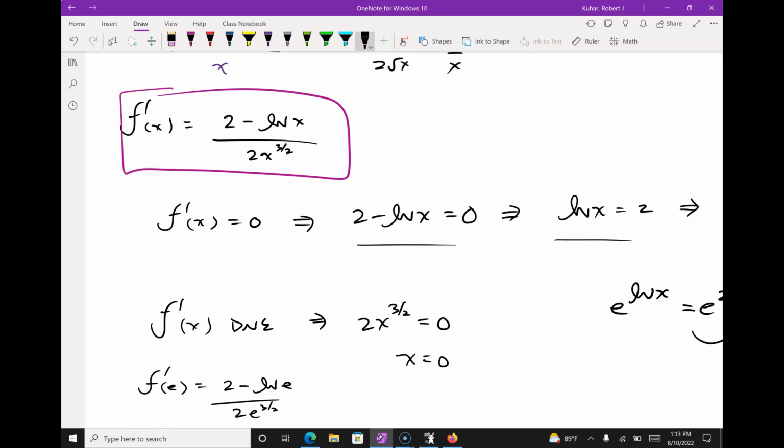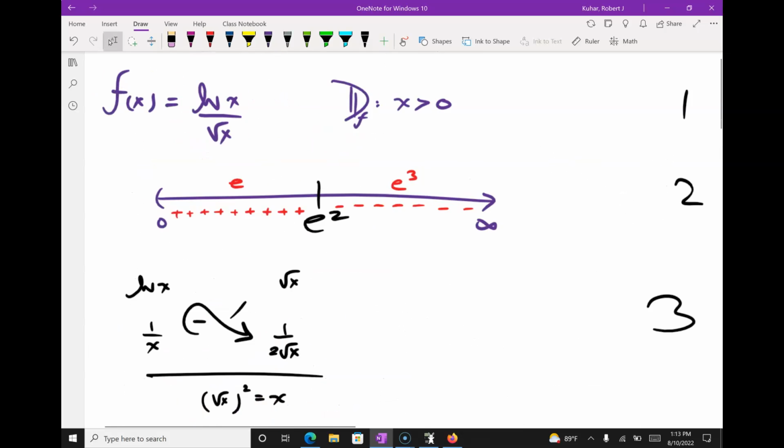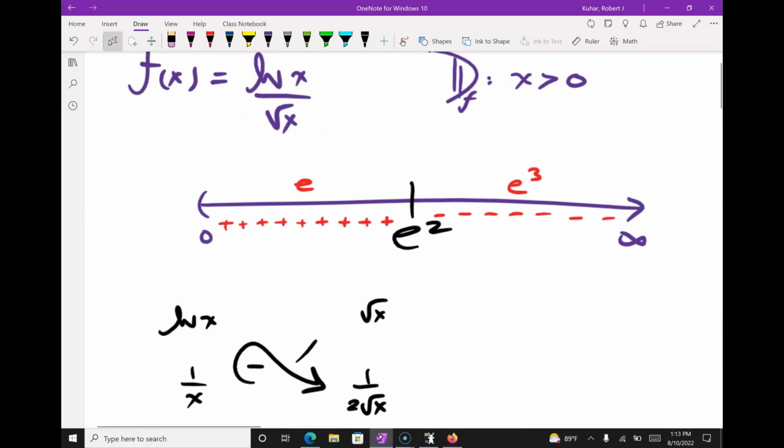Ln of e is 1. So I get 2 minus 1 over 2e to the 3 halves. So I definitely get a positive number. To the derivative, exactly. When I'm doing my first derivative test, I'm testing my test values in f prime. When I'm going to find my local max, I'm going into f.